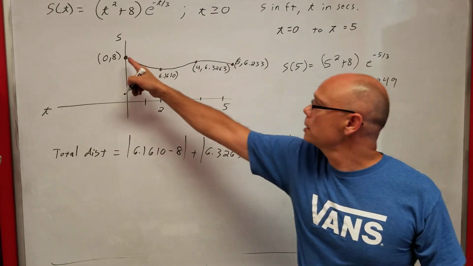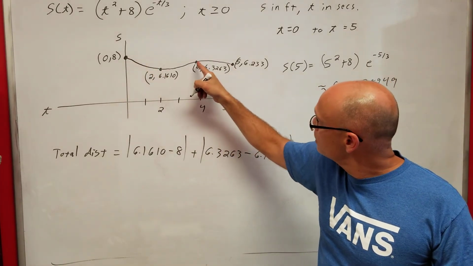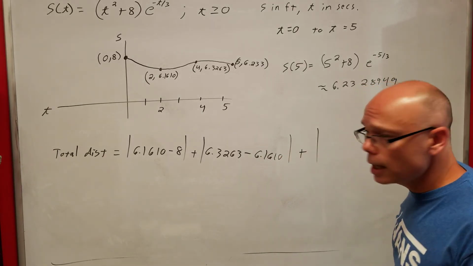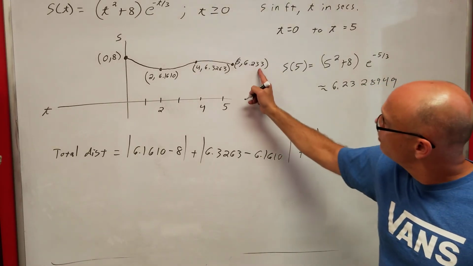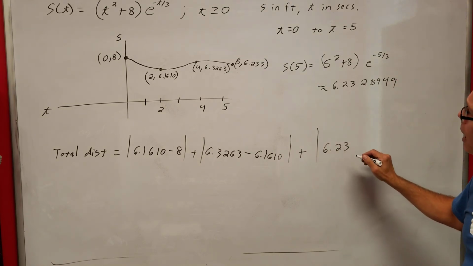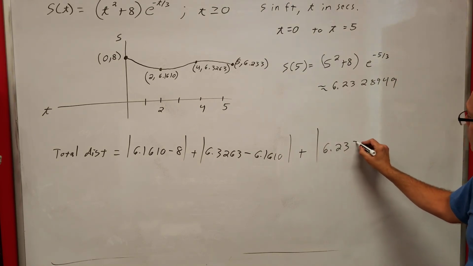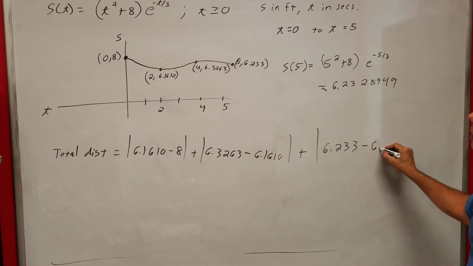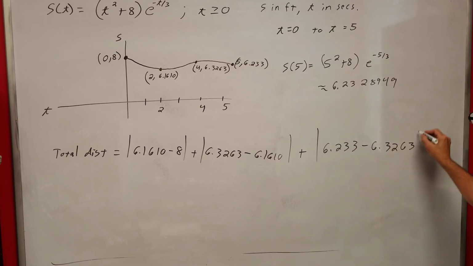So I've got this distance, got this distance, I still need this distance, right? So plus distance, we're going to use absolute value. Output minus output: 6.233. I don't know why I didn't carry it further, but anyway, y'all got the picture. Minus 6.3263.